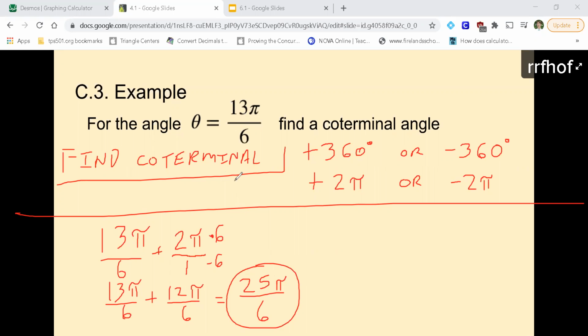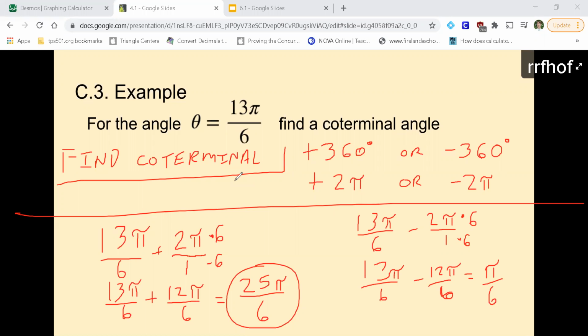If it asked me to find the next smallest coterminal angle, well, then I would have subtracted instead. And you do it the same way. Get a common denominator. That'll be 13 pi over 6 minus 12 pi over 6, which is pi over 6. If they asked me to find a negative coterminal angle, I could just subtract 2 pi again till this becomes a negative number.